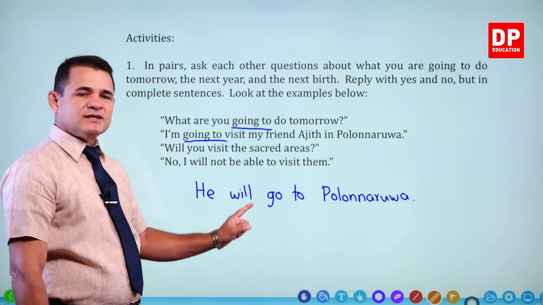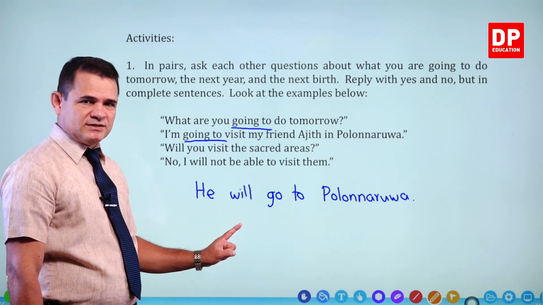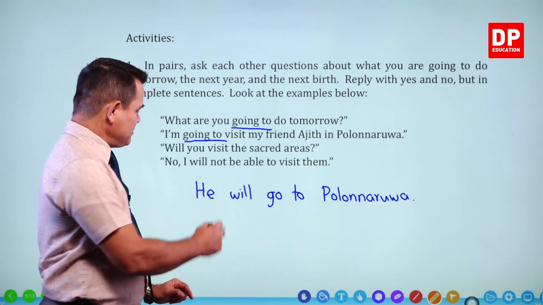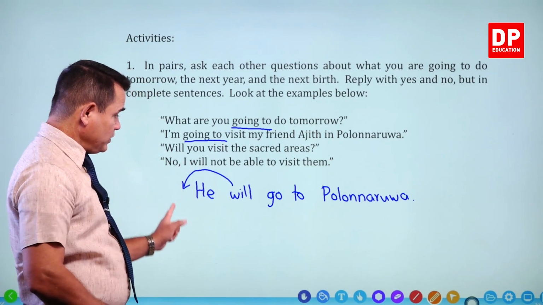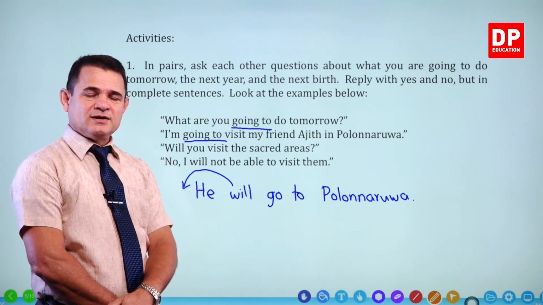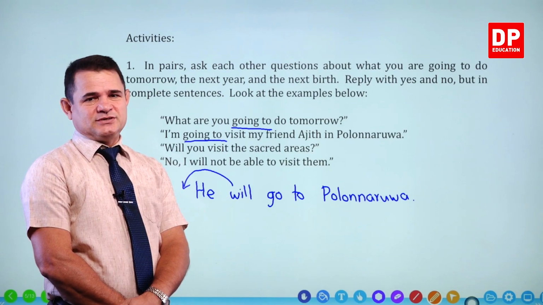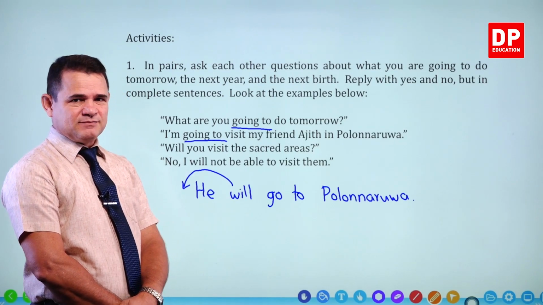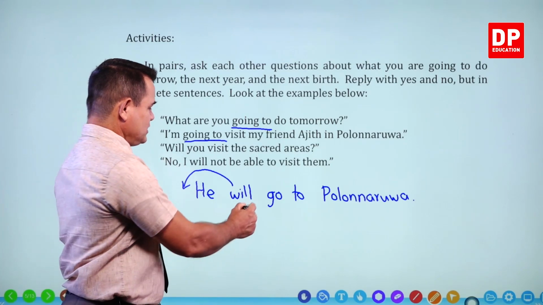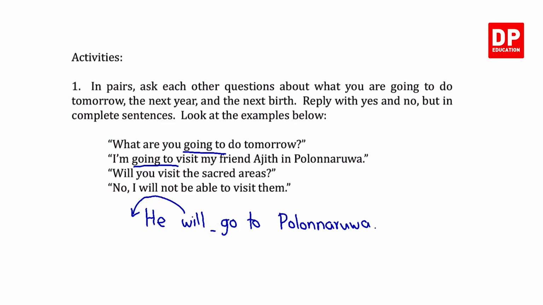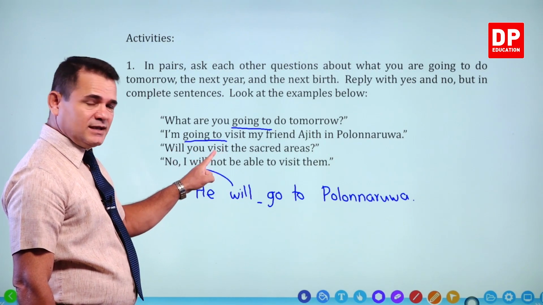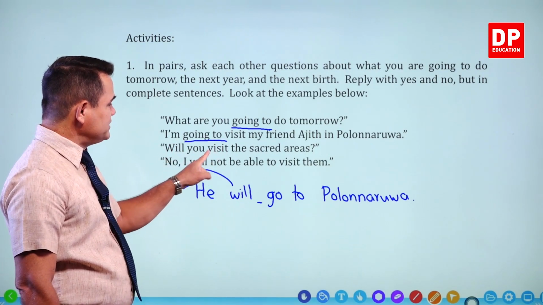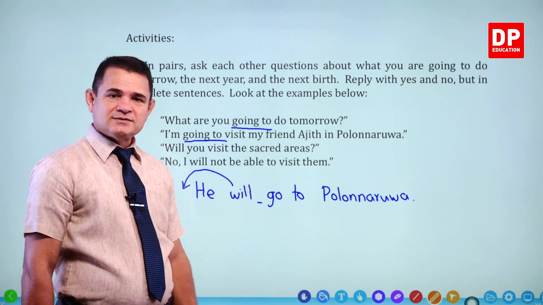So this is future tense. To ask questions, we put will at the beginning. Will he go to Polonnaruwa? Question. So very simple. If you make it negative, put not here. He will not go to Polonnaruwa. Will you visit the sacred areas?